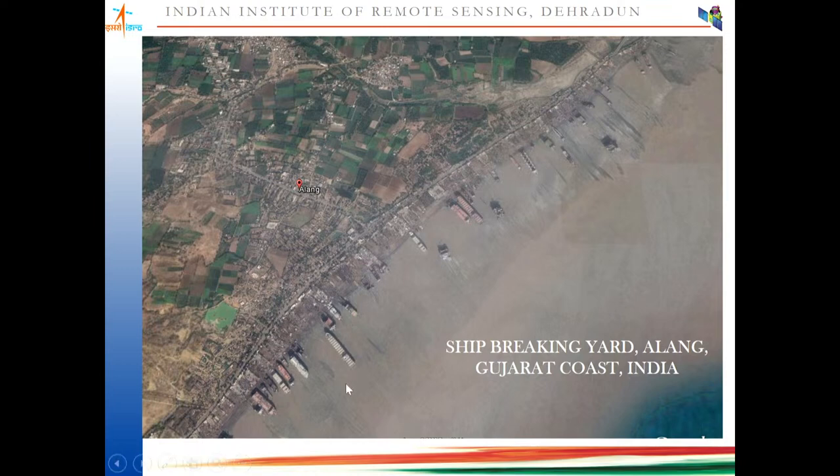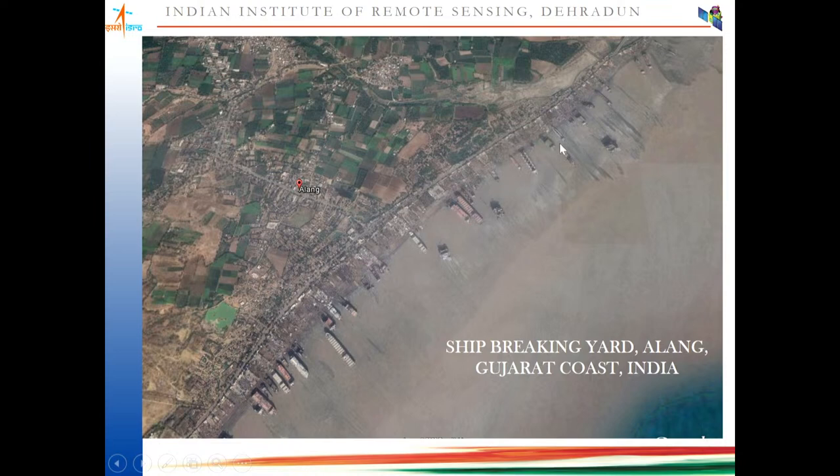Along the Alang shoreline, with the littoral drift, by the littoral current, it goes a far distance from Alang and pollutes the coastal water on that side also. You can see this simply from the satellite image. This is the Google image, where you can see all these ships. These ships have come only for breaking purposes from various countries.